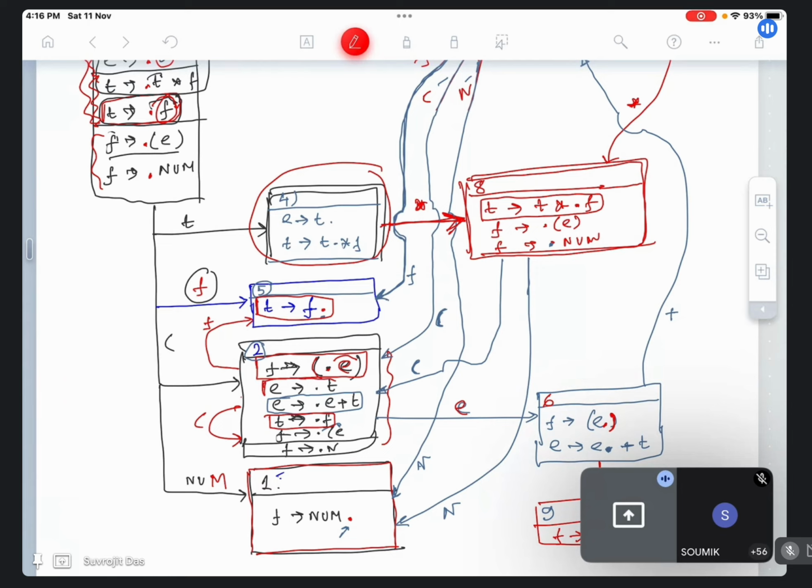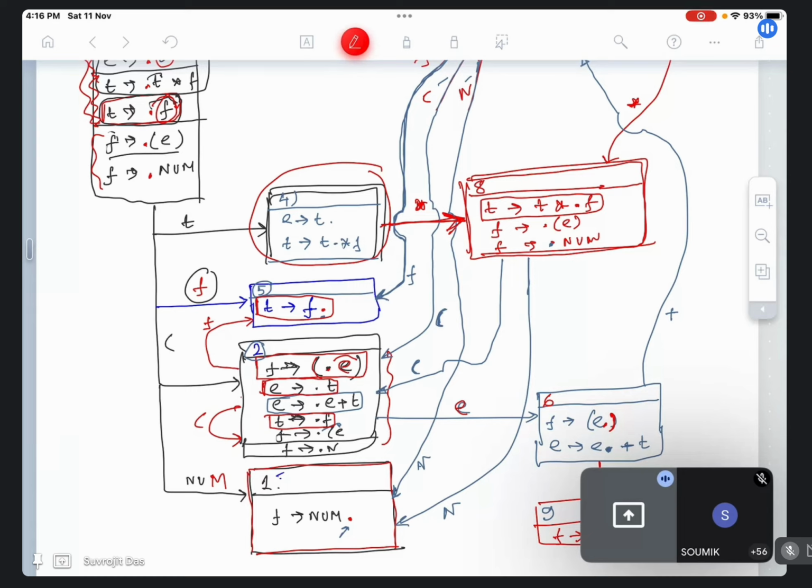Now, from state number 2, you can see that you have two transitions. E goes to dot T, and you have another transition that says that, okay, maybe I missed a transition in this state. Let me add this transition. That's why it's not matching.